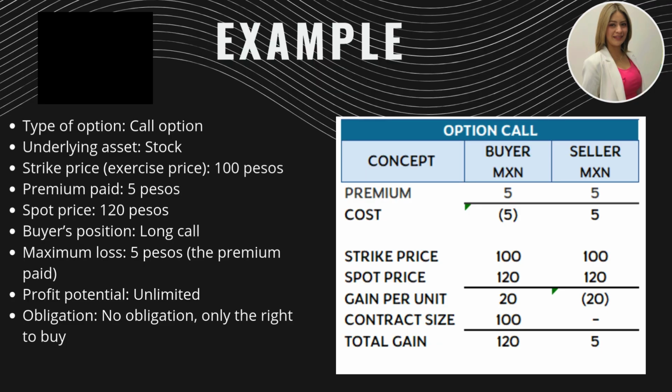In conclusion, this example clearly shows how a call option gives the buyer a right without obligation, with a limited loss equal to the premium and a potential gain when the market price increases.